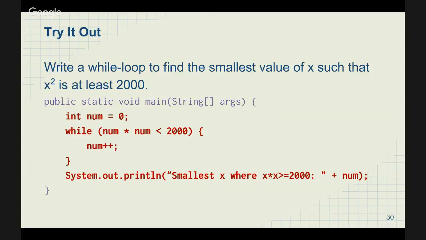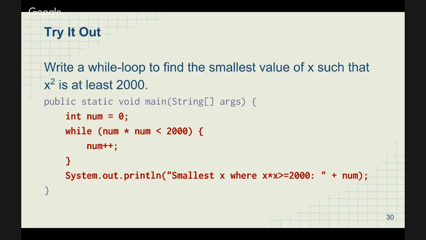So we'd start with our number at 0, and we'd loop while that number squared is less than 2,000. So you don't necessarily in your while condition just need to have while num is less than something, right? You could do some calculation. You could say while its square is less than something, or while that number doubled is less than something, or whatever you want to do with it.